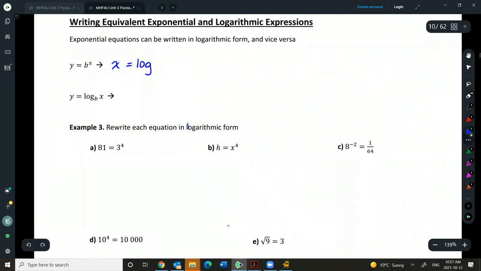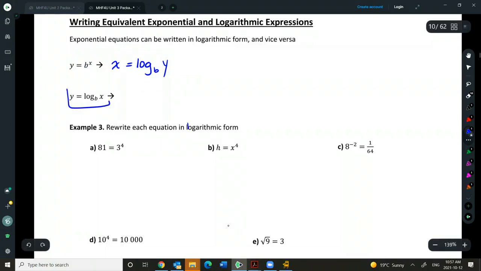The base is always the base that we have here. And the answer to the exponential will be what we would put into our logarithm here. So just in this notation, that's how we would swap. Exponent becomes the answer, base becomes the base of the logarithm, and the answer is what we would put into the logarithm. These are sort of like the inverted forms of one another.